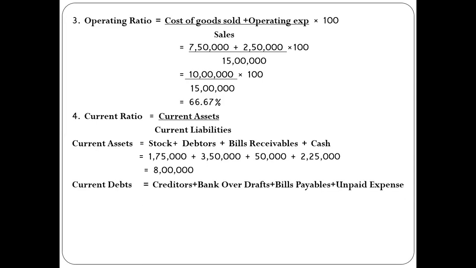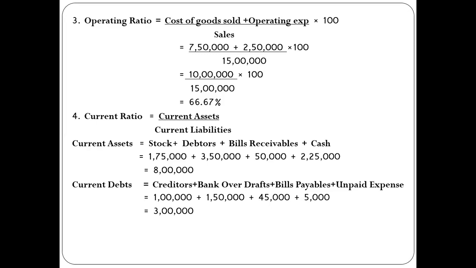Now current liabilities. For current liabilities, it is creditors plus bank overdraft plus bills payable plus unpaid expense, which are given in the balance sheet. So we'll add creditors 1 lakh rupees, bank overdraft 1,50,000, bills payable 45,000, and unpaid expense 5,000.